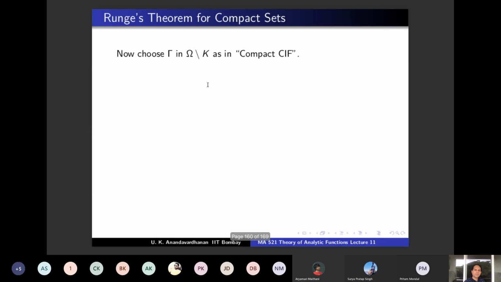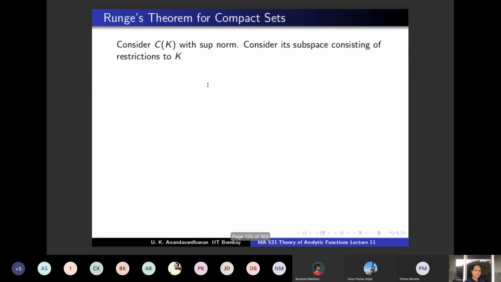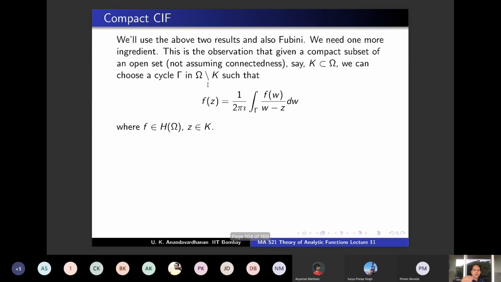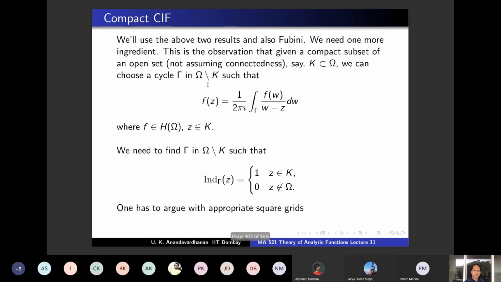So let's go back to the slide on the compact CIF. The compact CIF said that if you have an open set containing k, then this is true. And its proof is essentially Cauchy's theorem.